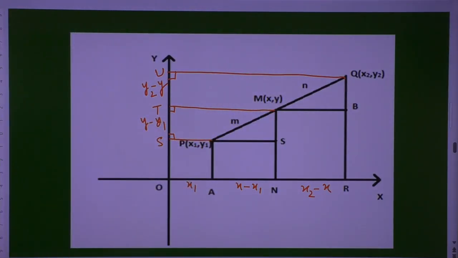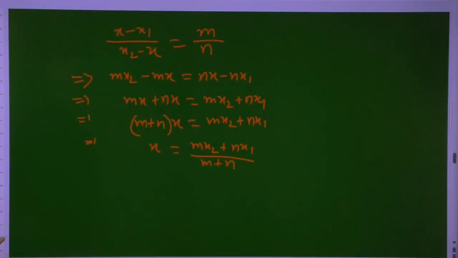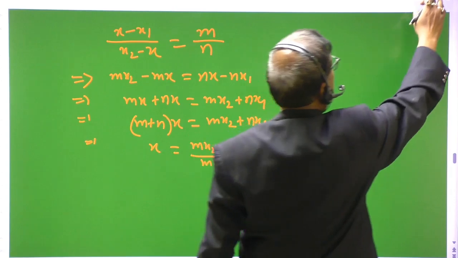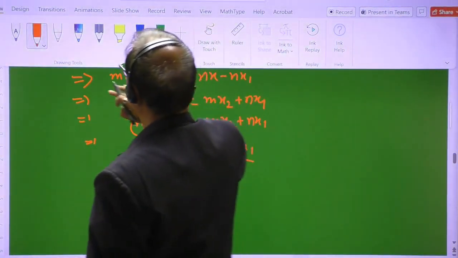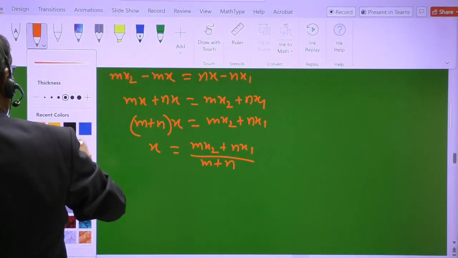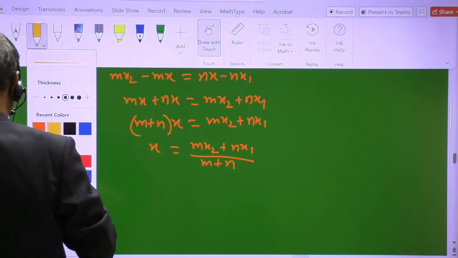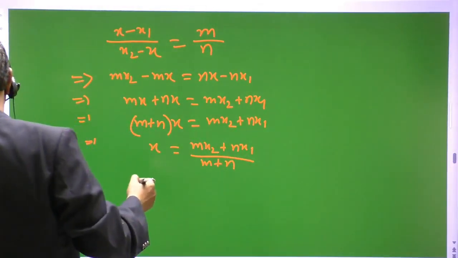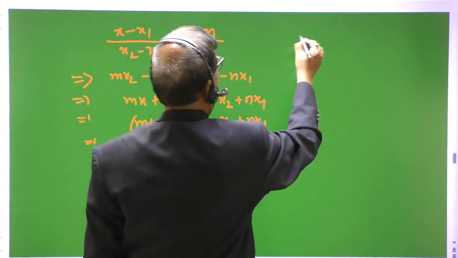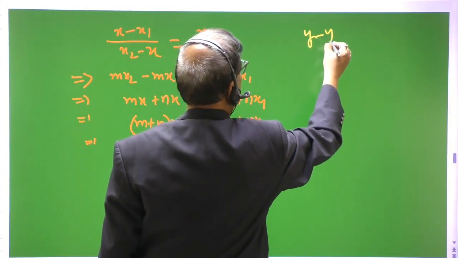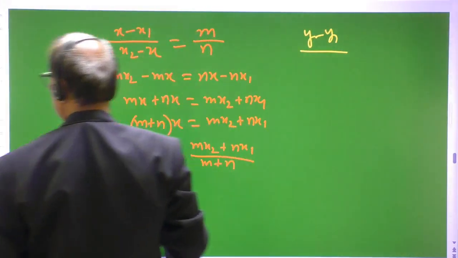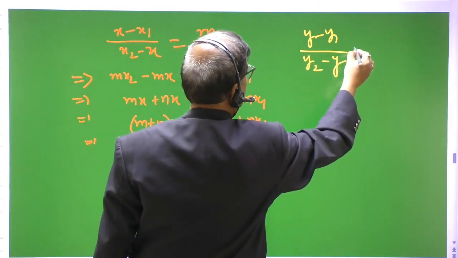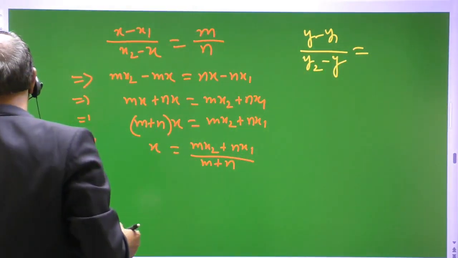So that means we are getting the result (y minus y1) upon (y2 minus y) equals m by n.